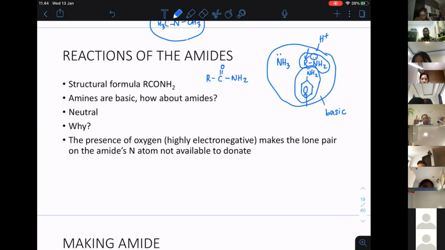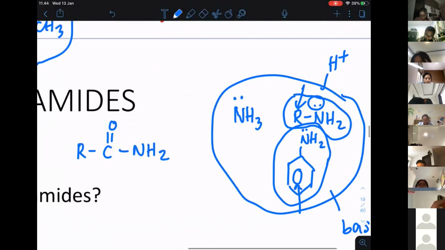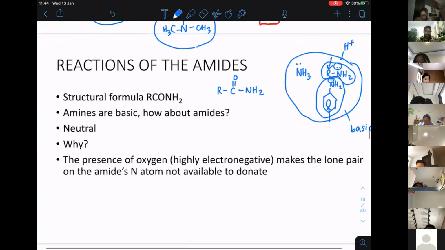Because of that, the lone pair of electrons are going to be less available for bonding. So that is why amines are basic.